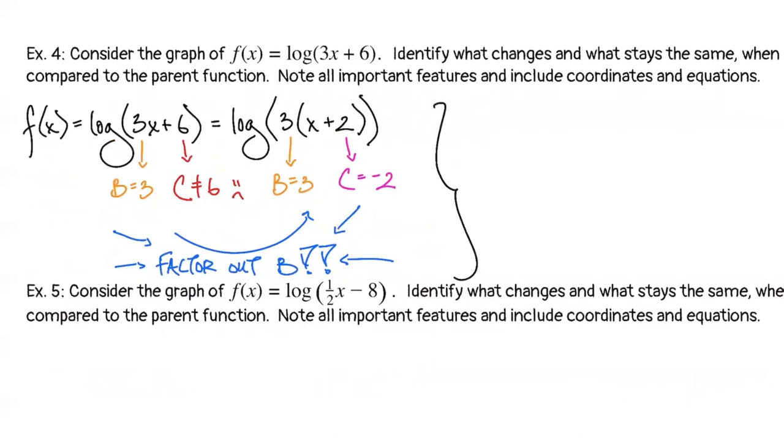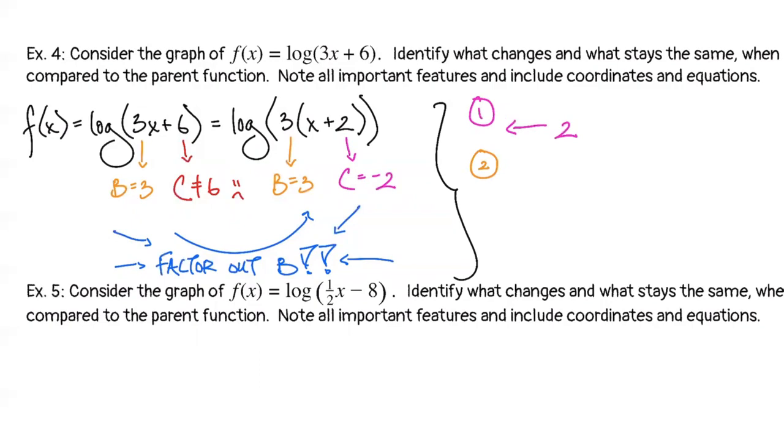Now that we've done that setup, now we can talk about what transformations are happening. In particular, this function is going to move to the left 2, or you could say a horizontal shift left 2. But then something else happens after that. What is that something else?